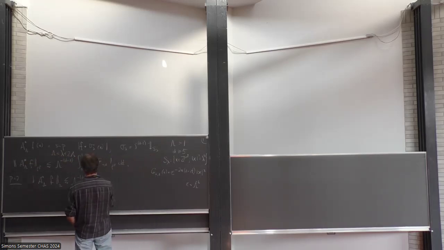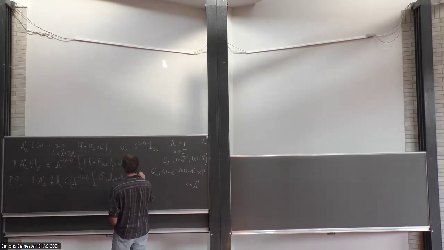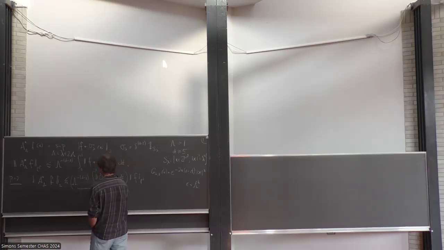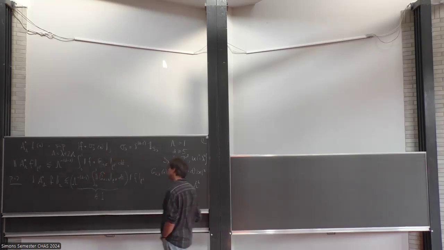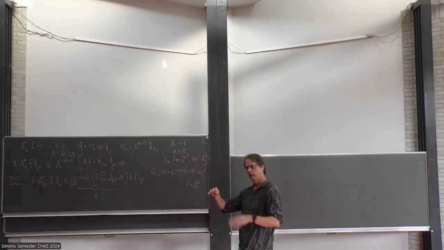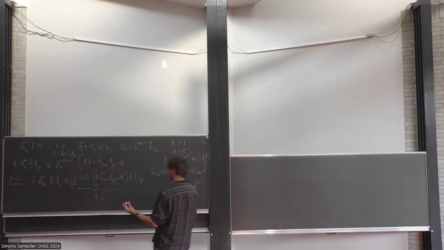So the key was to estimate the infinity norm of this times the norm of that. And then we were able to show that this was bounded by a constant, and then we get this estimate on one scale.